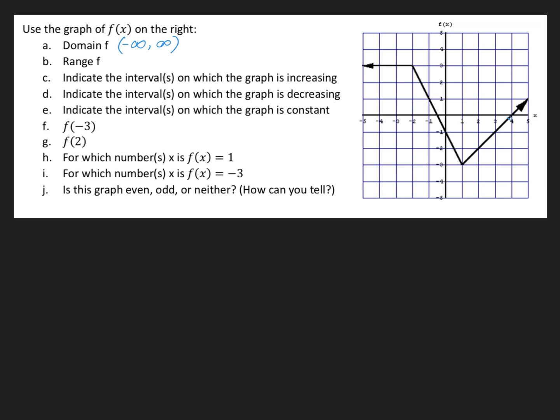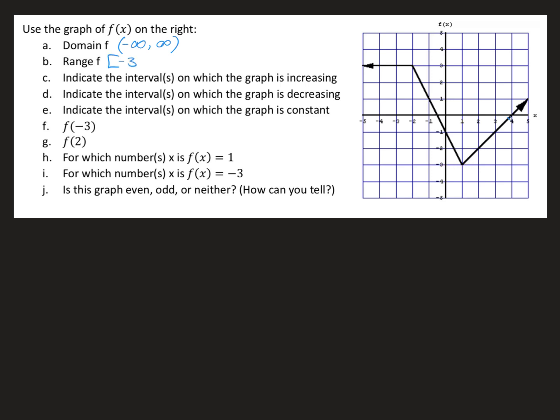Okay, so the range is similar to the domain in the fact that we will start negative and go positive, but the range are all the possible y values. So that means we'll start at the bottom of the graph and work our way up. Now this graph can be a little misleading because students will think, well, this graph starts at -3, and that is correct. So let's go ahead and put that there.